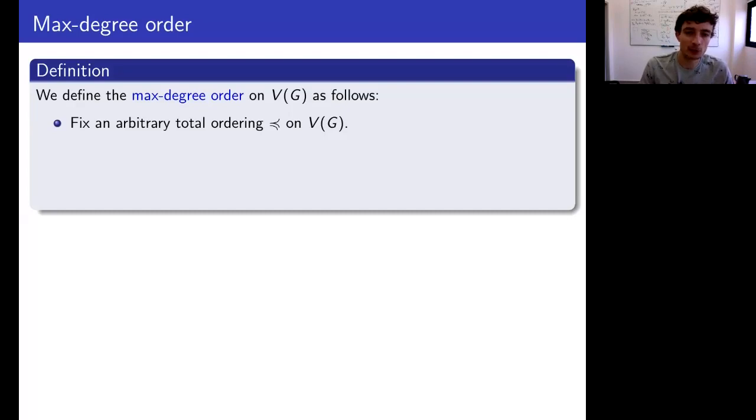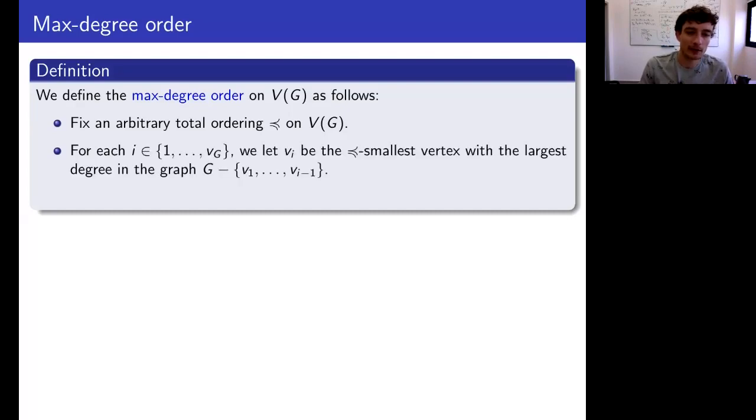And here's how we define the ordering. The ith vertex in the ordering is the vertex with the smallest label in our ordering that has the largest degree in the graph G after we deleted the first i minus 1 vertices. So the first vertex will be some canonical vertex of maximum degree. We delete it, and then we again find a canonical vertex of maximum degree, and so on. And we order the vertices in descending order.